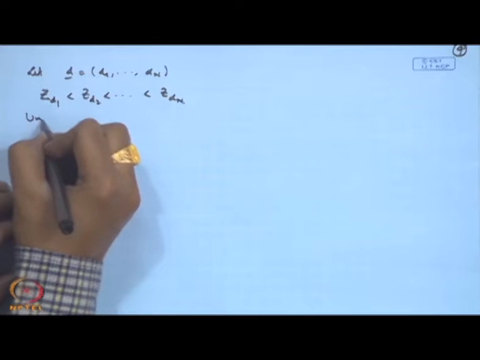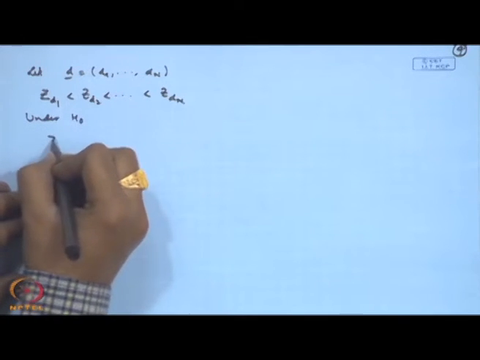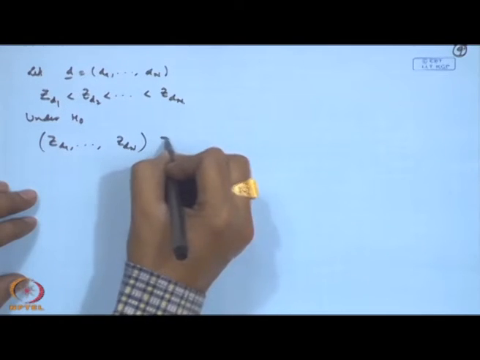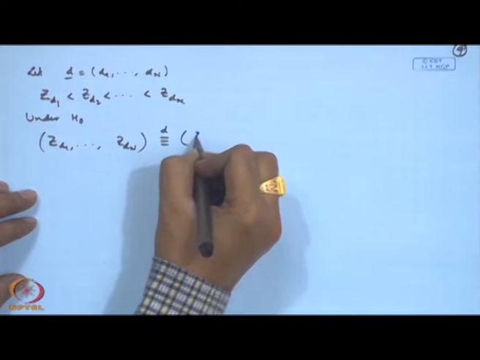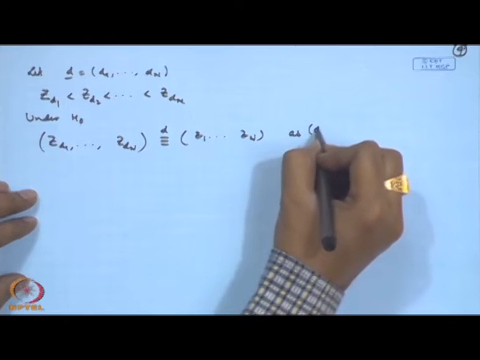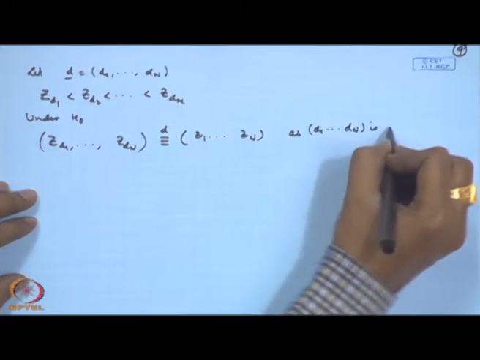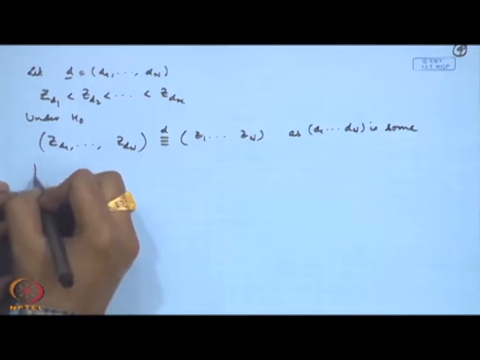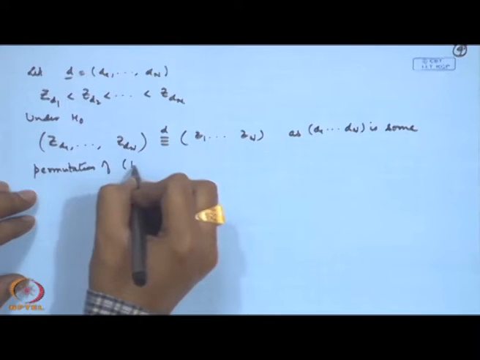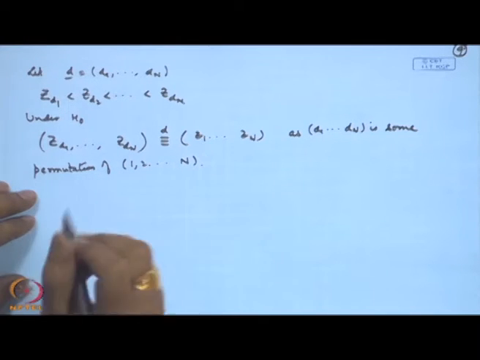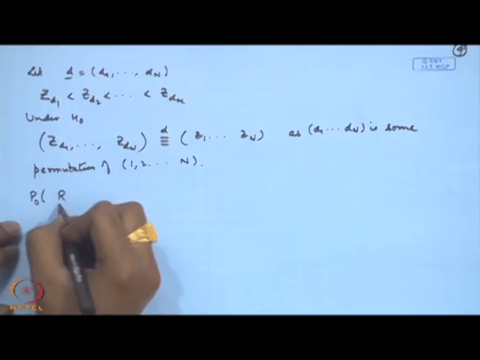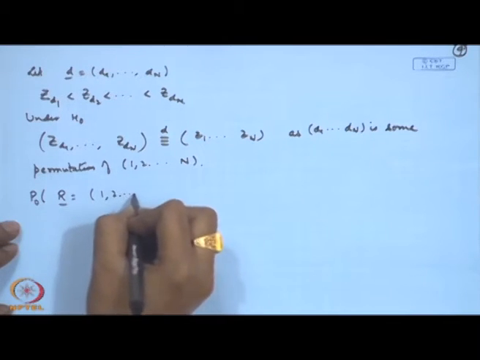Now, under H naught, Z(D1), Z(D2), ..., Z(Dn) will have the same distribution as Z1, Z2, ..., Zn, because this is simply one permutation of the numbers 1 to n. So, the probability of R equal to (1, ..., n) is equal to the probability that Z1 is less than Z2 less than ... Zn.